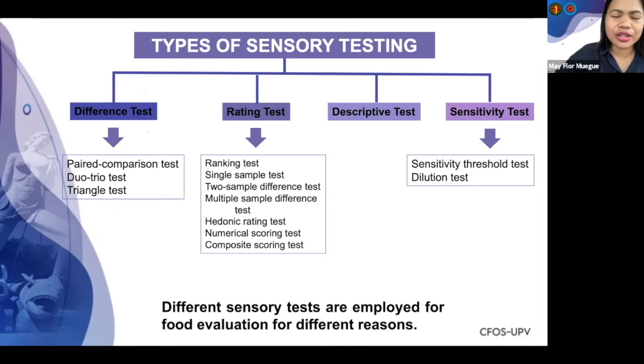Okay, another requirement, kailangan meron siyang source of water. Halimbawa, you are testing or evaluating 5 products. So every time you evaluate a product, after mo nun, you have to rinse your mouth. Kasi you will be tasting another product.